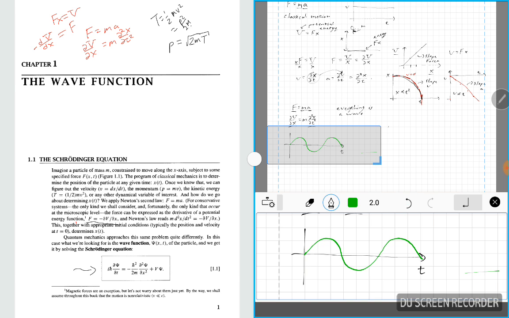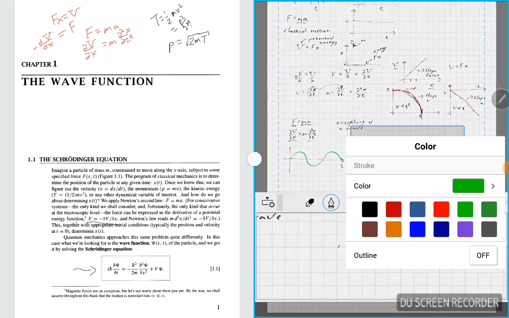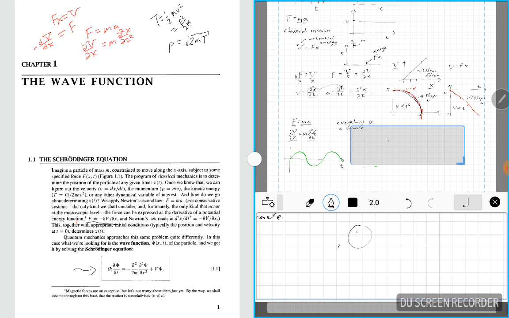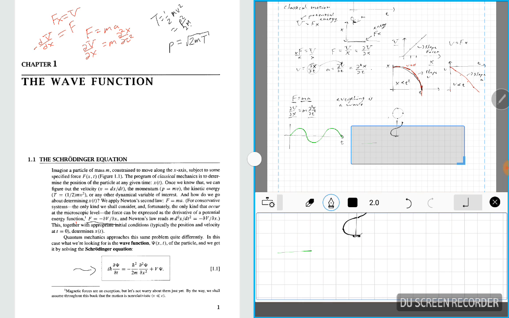So I will have some change in position with respect to time, like say a planet orbiting around the sun. It starts here, after 90 degrees it goes here, 90 degrees again it's over here, 90 degrees again it's back here, and then it goes back again.